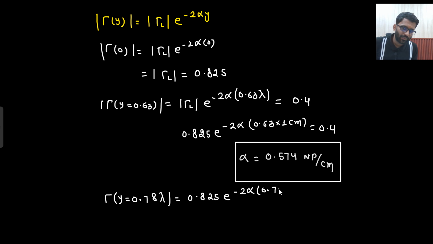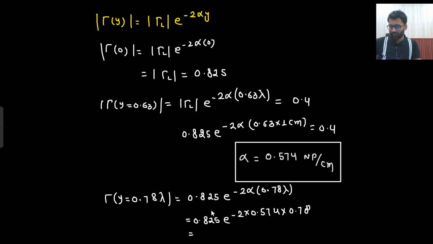So 0.825 initially, then e to the power minus 2 into 0.574 into 0.78. Lambda is also in centimeter, so centimeter gets cancelled. So 0.34 we are getting. This is the answer.